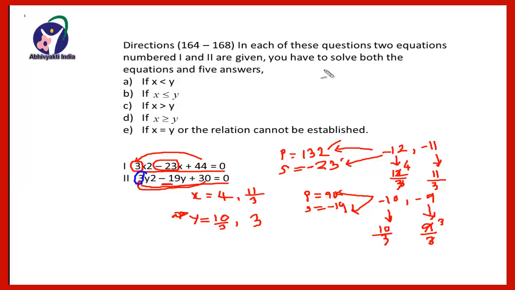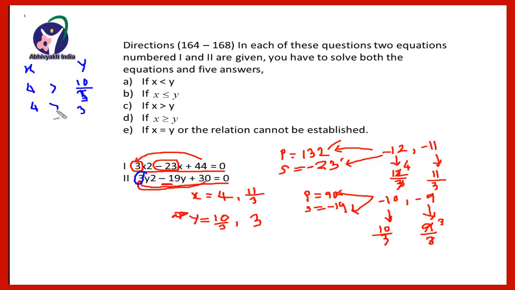So if we compare the values of x and y, 4 and 10 by 3, it is greater. So 4 is greater than 10 by 3. Then next is 4 and 3.